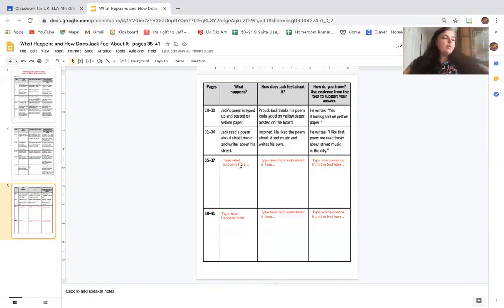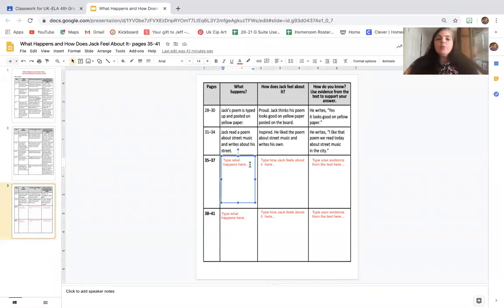So on page 35 through 37, I don't need feeling words. I don't want to know how Jack feels. Here we're just simply telling what happened. Okay? Jack reads a shape poem. So you would type here, Jack reads a shape poem.